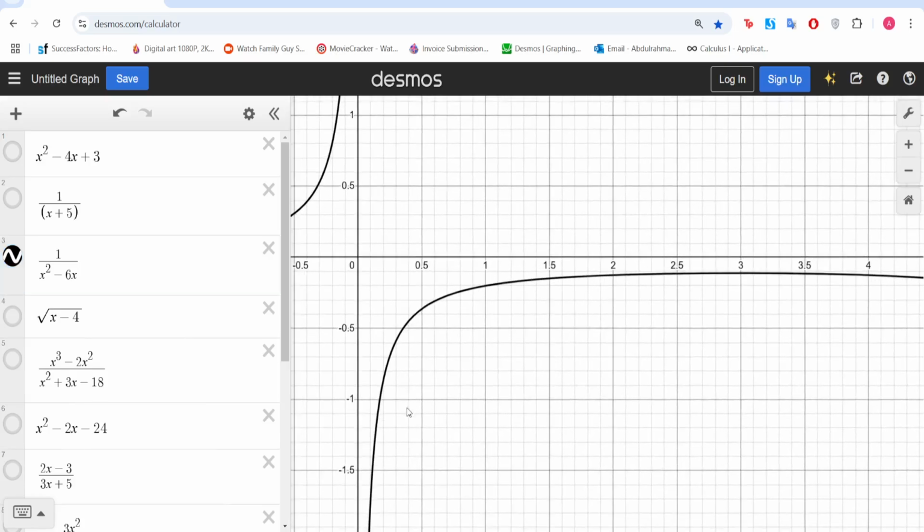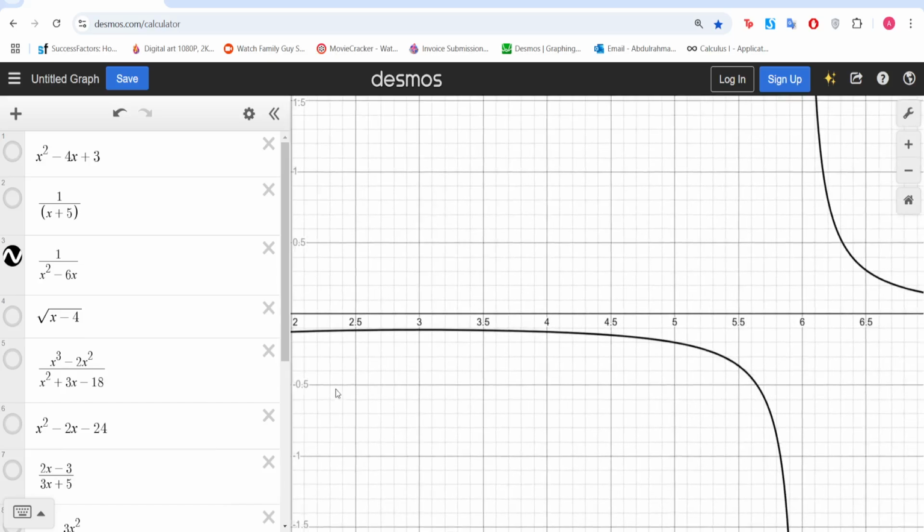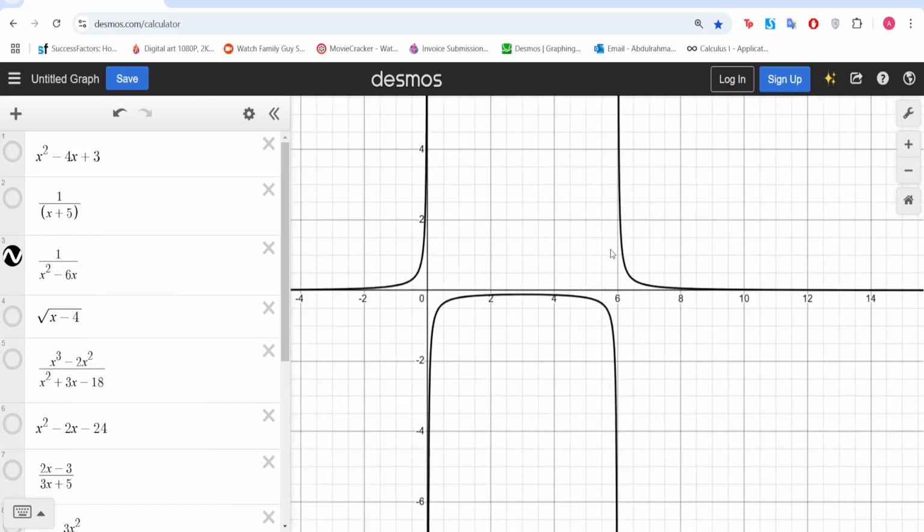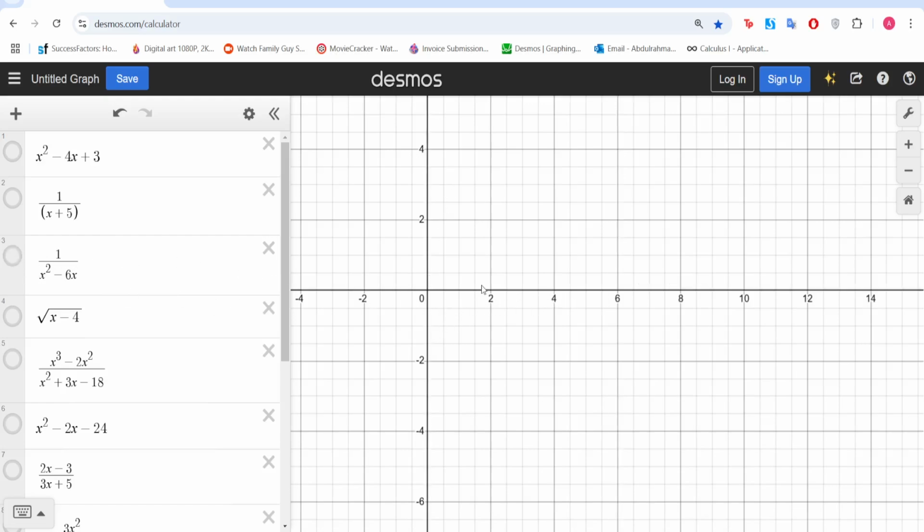And then it's going to be from 0 up to 6, and it will not be touching 6 again. And then from 6 up to infinity. And this is correct. And we said that we will not have an x-intercept nor a y-intercept. And as I can see, the graph is not going to touch the y-axis ever or the x-axis ever. So we are correct.